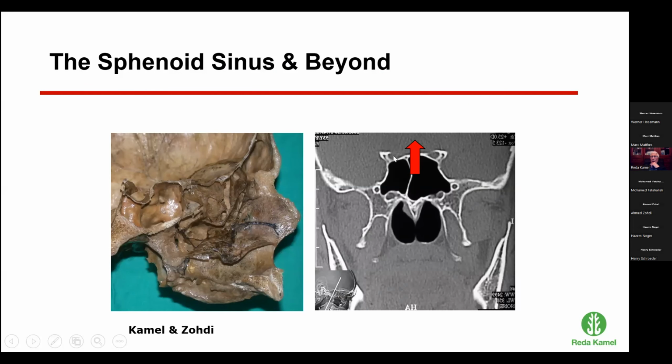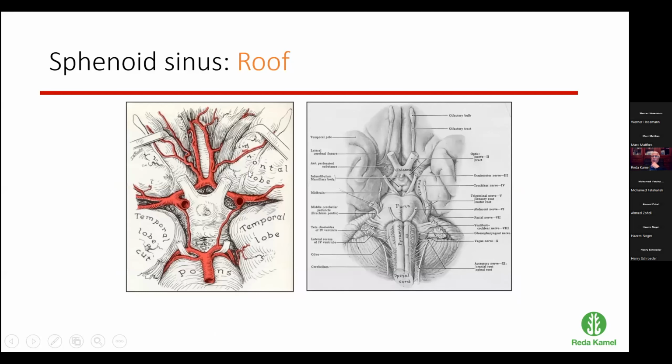Sometimes we can go along the planum intentionally, especially in tuberculum meningioma, or along the sella. Here we are aware of the anterior cerebral artery, A1 and A2 and ACOM, and again of the optic nerve and the olfactory nerve.